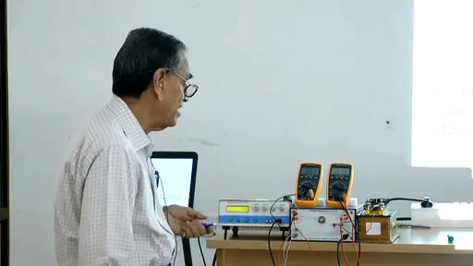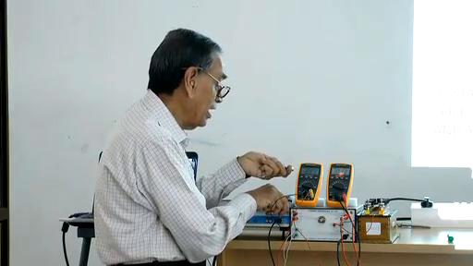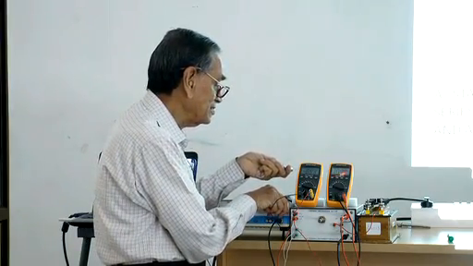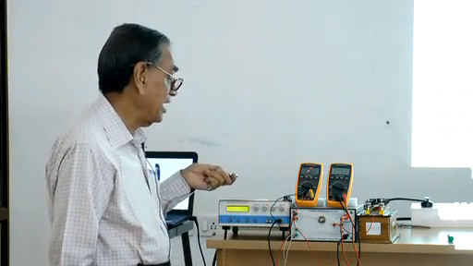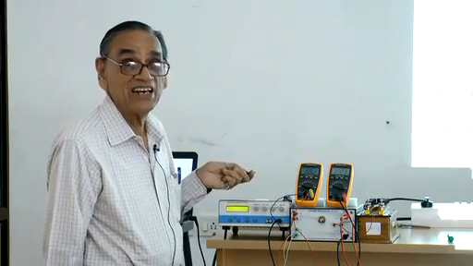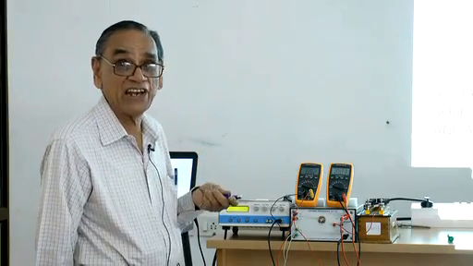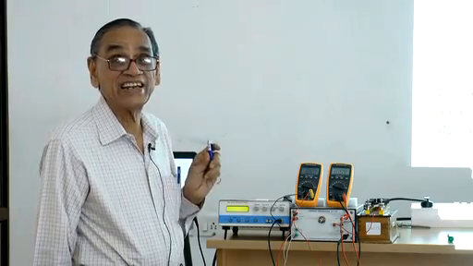I keep the AC voltage 1 volt. Now I get an output of 92 millivolts, which is roughly half the value, 187 millivolts, we got at 20 hertz.